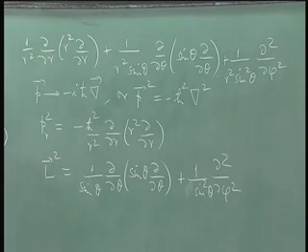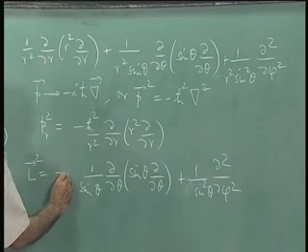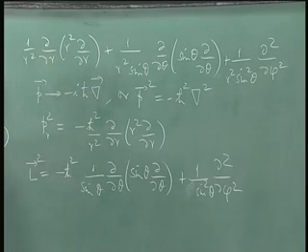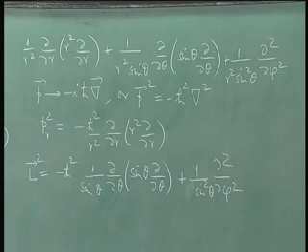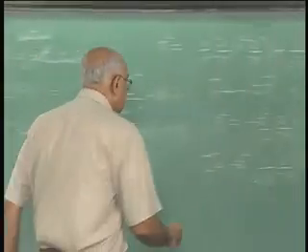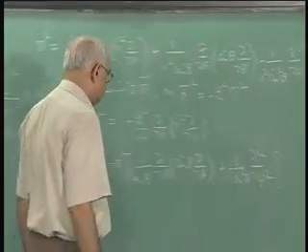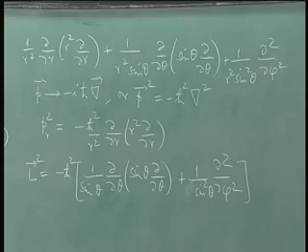There is also a very important factor of h cross squared. L has dimensions of Planck's constant, so L squared has dimensions of Planck's constant squared, and that is it. This multiplies everything.